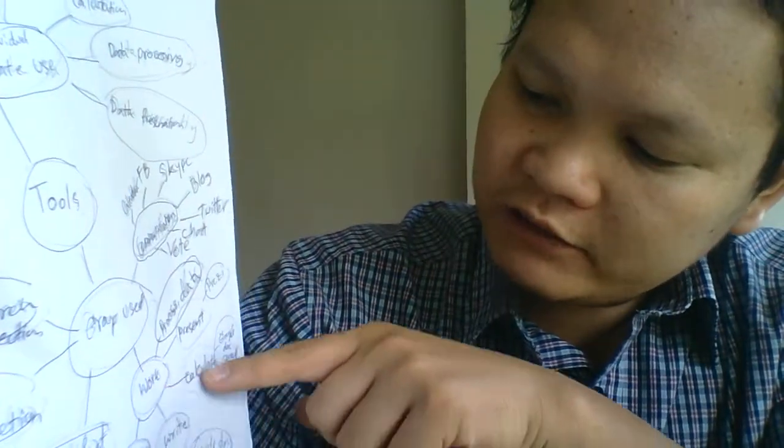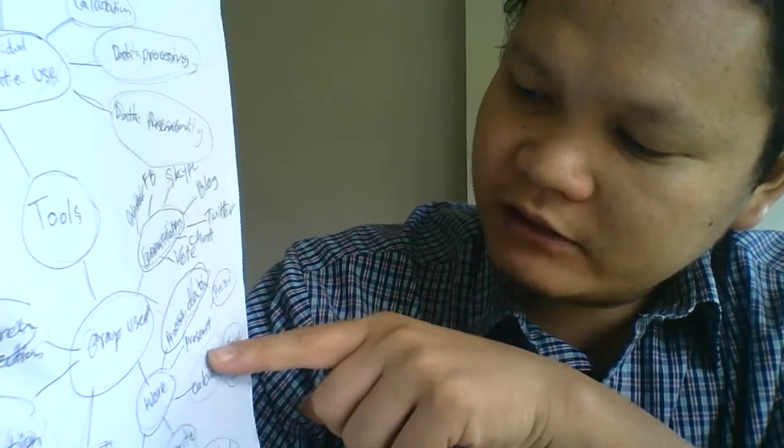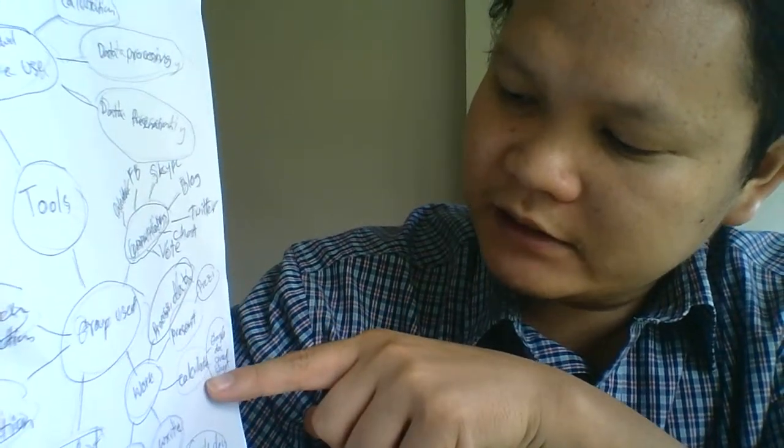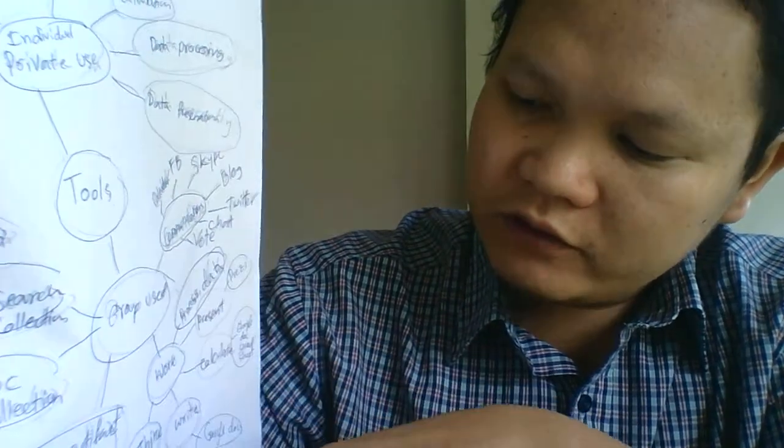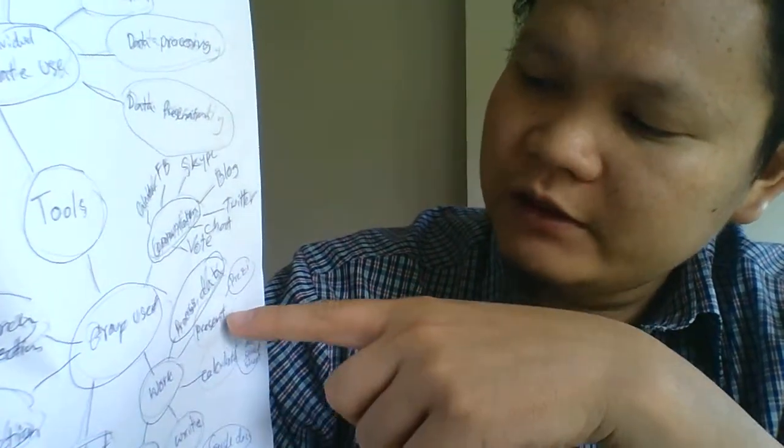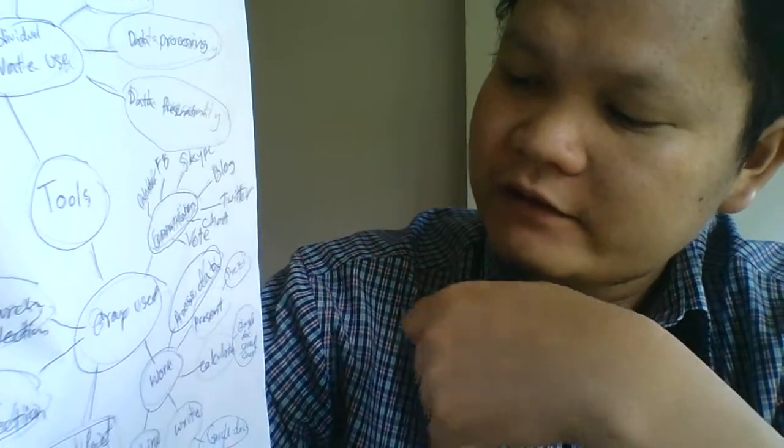And then in work, you may have data processing, presentation, calculation, writing, and thinking. These can also have tools to support them. For presentation, they have several types of tools you may search for, online presentation tools.